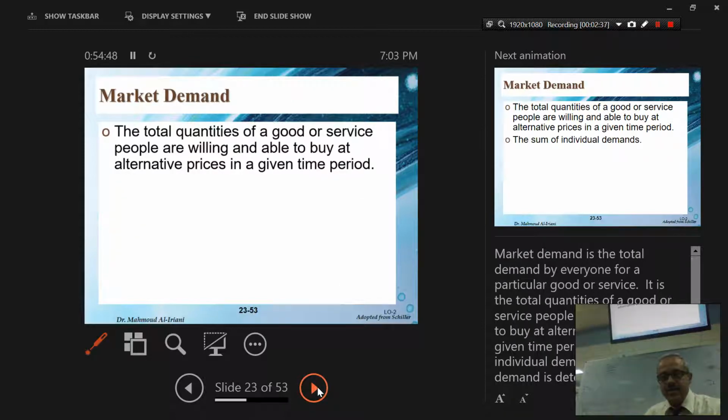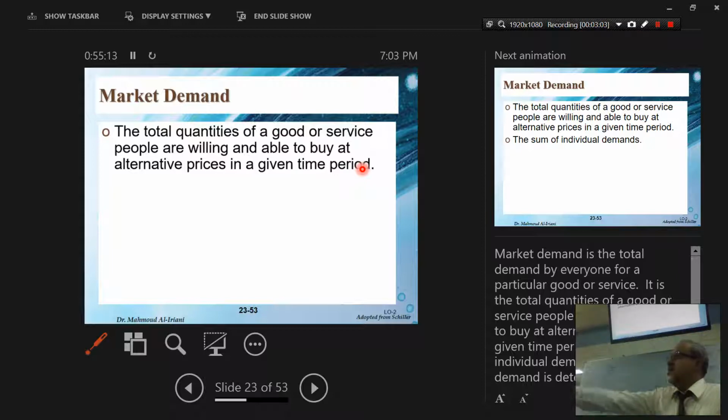Now market demand. When we say market demand, remember the example that we said, I go to the market and I demand. Now it is the total demand of goods and services people are willing and able to buy at alternative prices in a given time period. So this is like the definition. It's the demand of all of us. So if I talk about the demand for mangoes, it's not the demand for me only.